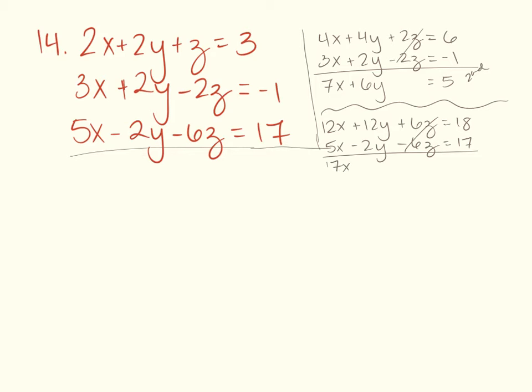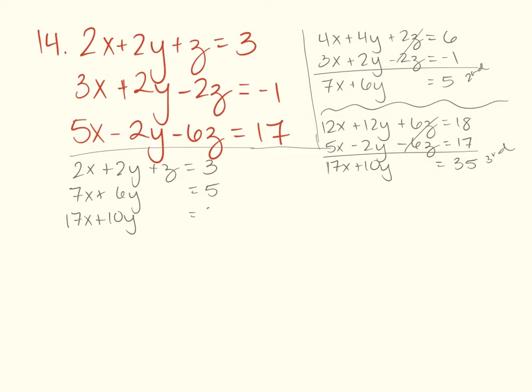I'm left with 17x plus 10y equals 35. This is my new third equation. So I'm going to copy each of those in. I copy my first from the beginning, because I'm not going to change that one. Copy my new second, so that's 7x plus 6y equals 5, and copy my new third. So that's 17x plus 10y is equal to 35.